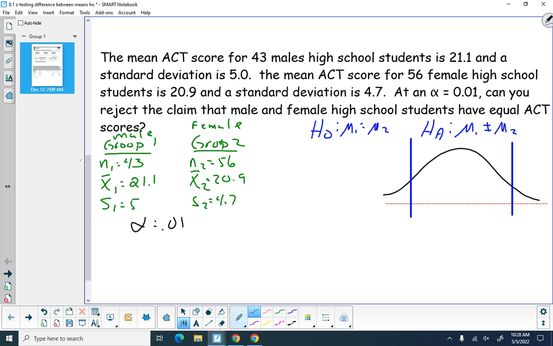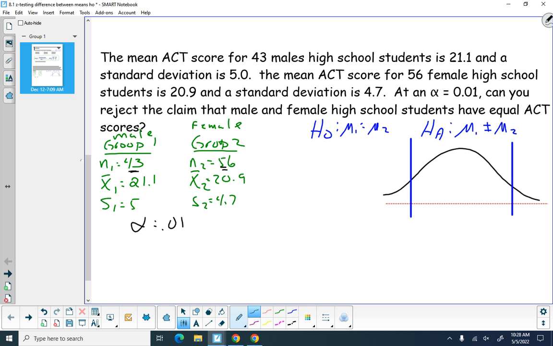So I go to my t-table, alpha two-tail test. So I look along the two-tail row there, my alpha value of 0.01. My sample sizes are 43 and 56, so I got bigger than 30.